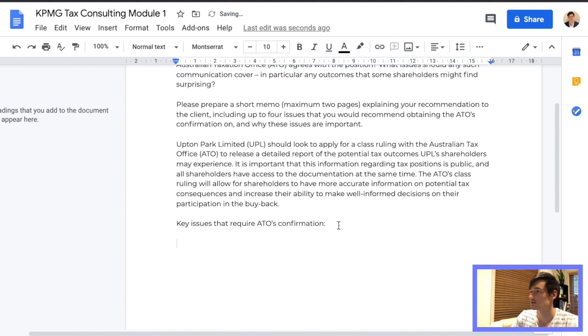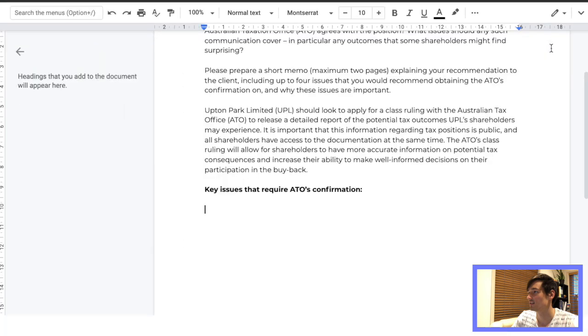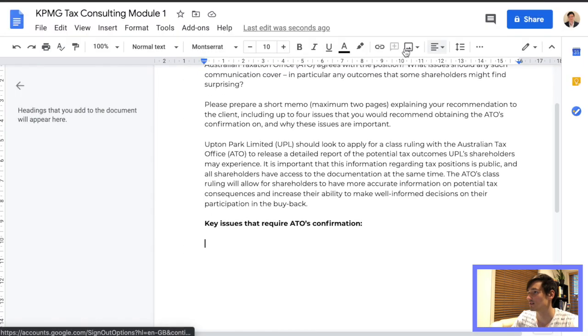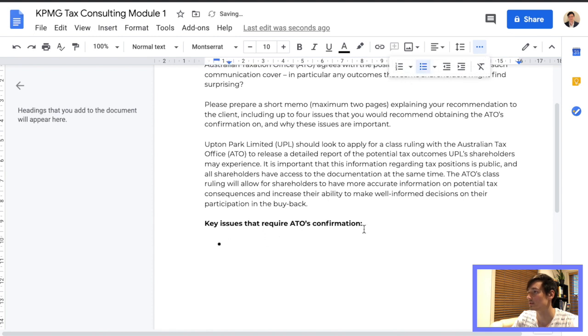Okay, so that's just a bit of a subheading there. Let's try to find 4 things that we want to include. You can find this, I think, if not all of them, most of them in the Qantas class ruling.